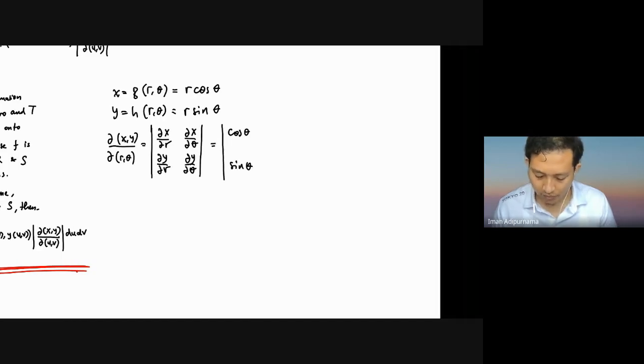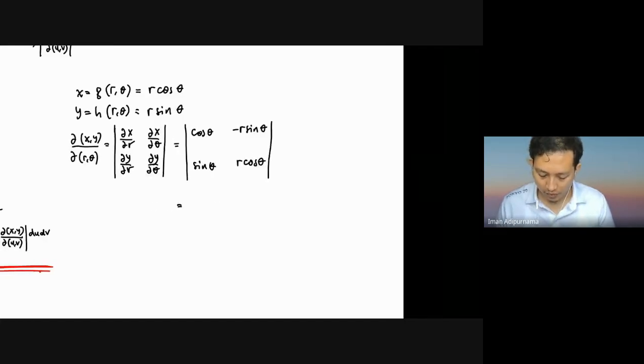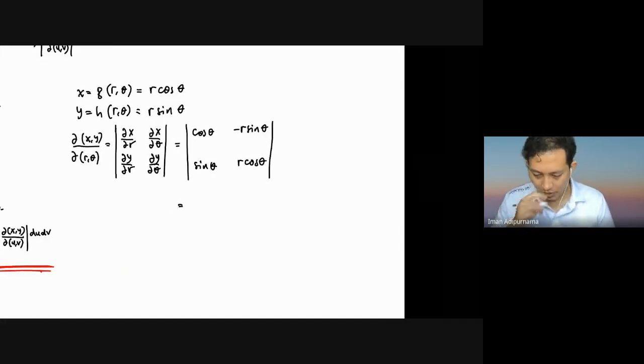And look again for x and differentiate with theta, it will be sine, but negative, so we have negative r sine theta. And then the other one is r cos theta. We now have the evaluation: r cos squared theta plus r sine squared theta, in which you have r, and r should be a positive term.